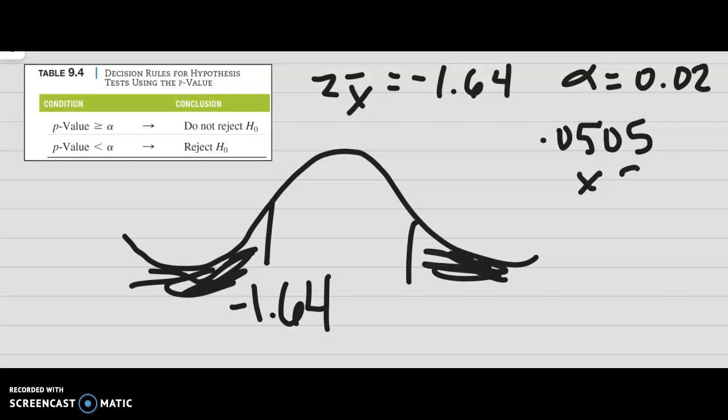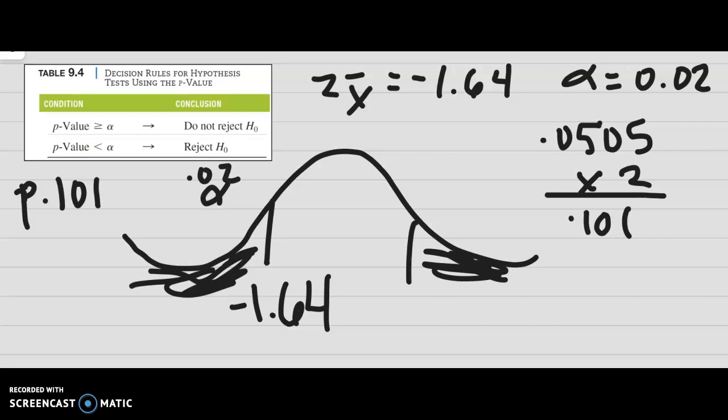So anytime it's a two-tailed test, you have to multiply by 2. So your p-value is going to be 0.101. So we know that p is 0.101, and we know that alpha is 0.02.